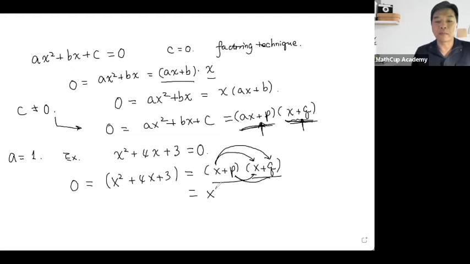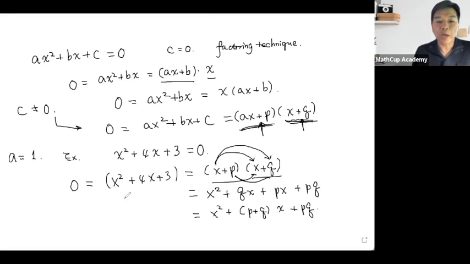So this equals x squared plus qx plus px plus pq. Now we simplify by combining the like terms. This equals x squared plus (p plus q)x plus pq.